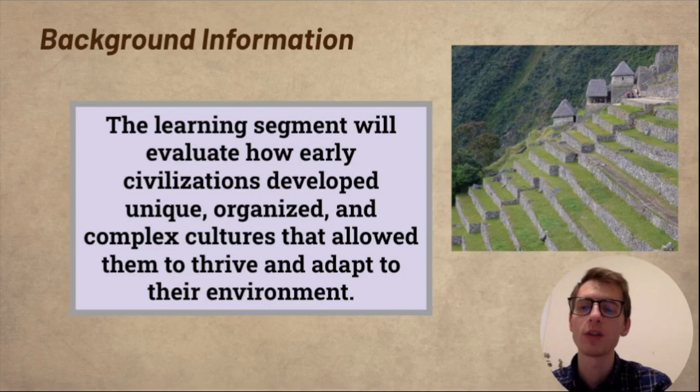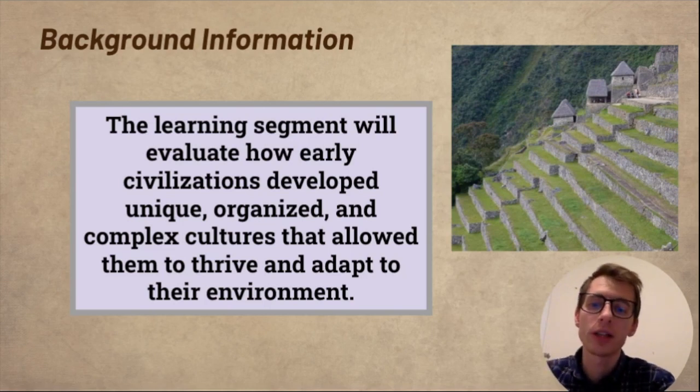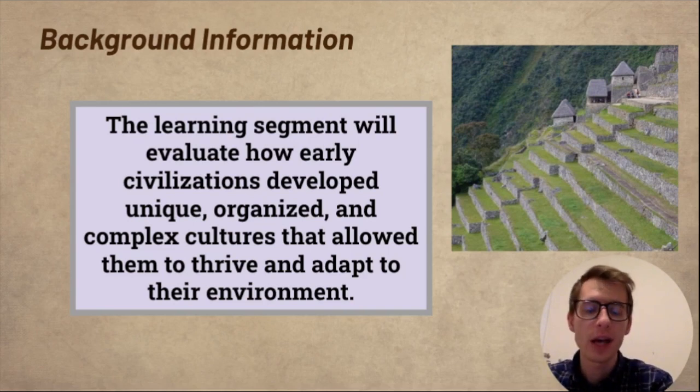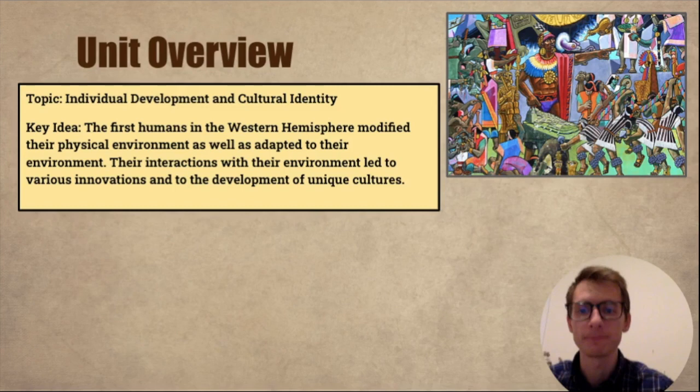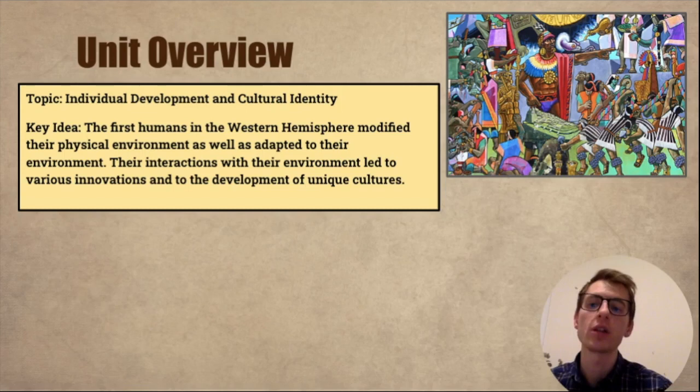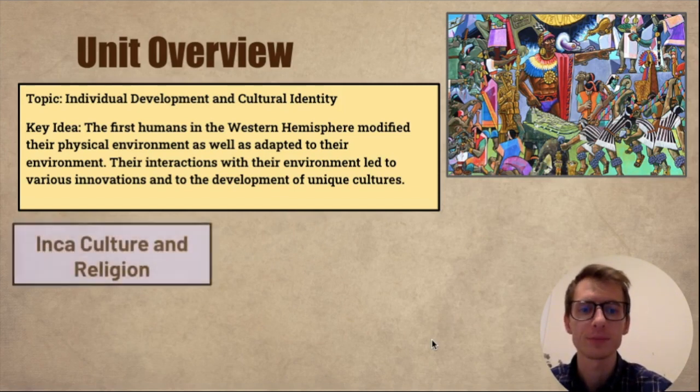The learning segment will evaluate how early peoples developed unique and organized complex cultures and allowed them to thrive and adapt to their environment, specifically looking at the Inca people. So again, the topic is cultural identity and development, and is thinking thematically through how this early civilization developed their unique culture and adapted to their environment, which led to their unique complex culture.